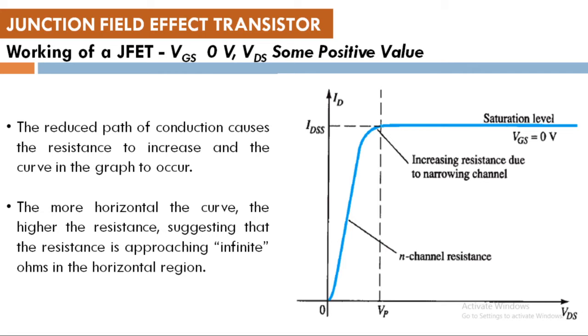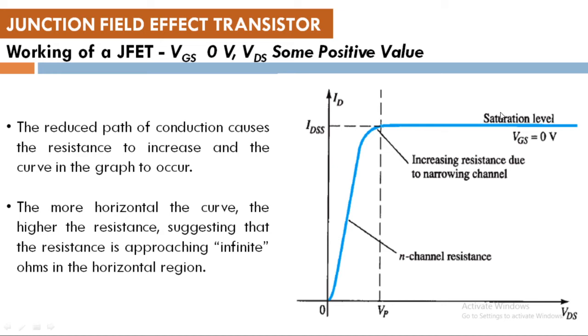So slowly it reaches infinite ohms in that particular horizontal region. So you can see after this it becomes saturated. Even if you increase VDS, you will see there is no significant change in the current. So this is called the saturation level.